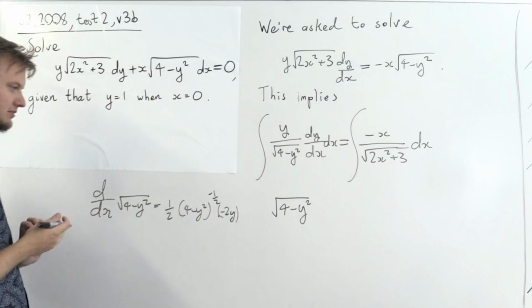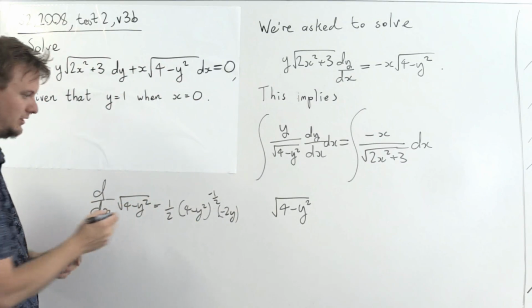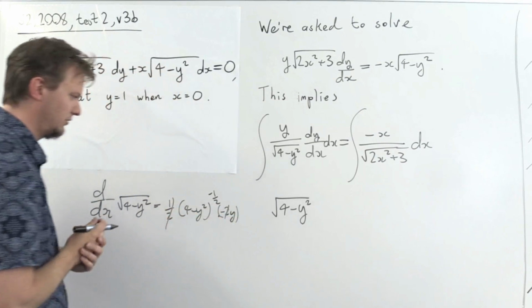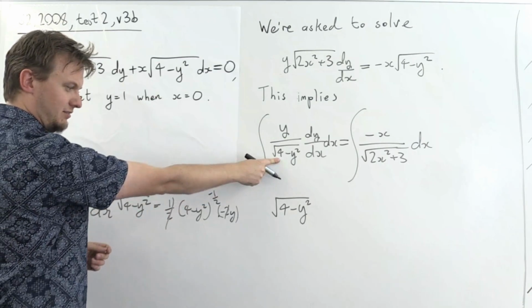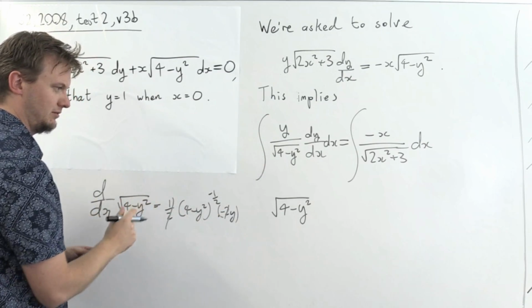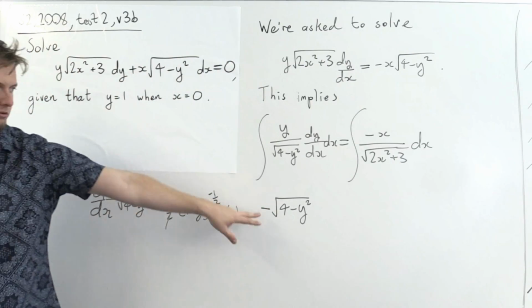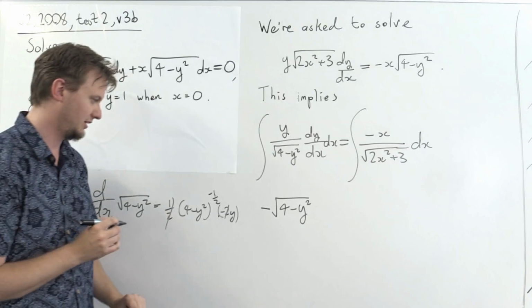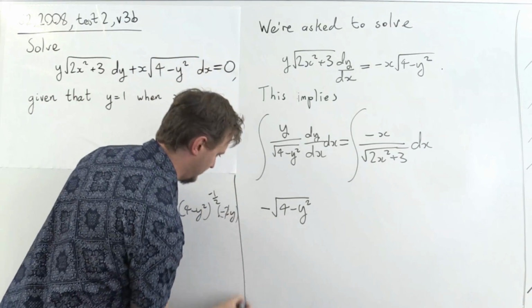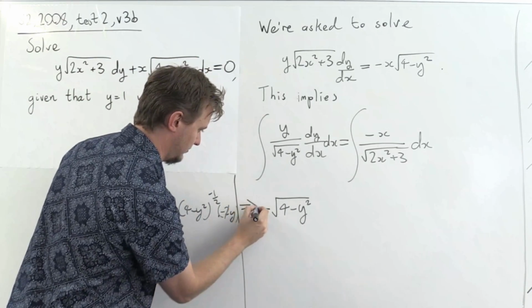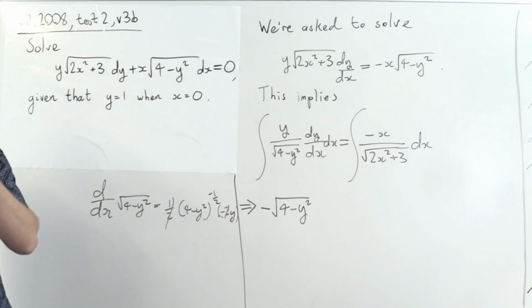That's the derivative of the inside, so that's the chain rule. And these twos cancel out. So it's not quite this, it's actually minus this. So I can tell you that when you do this integral, you do get this answer. Alright, so that's one integral done.